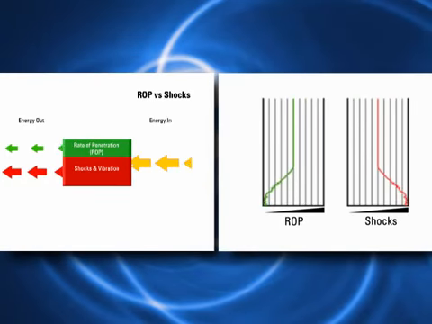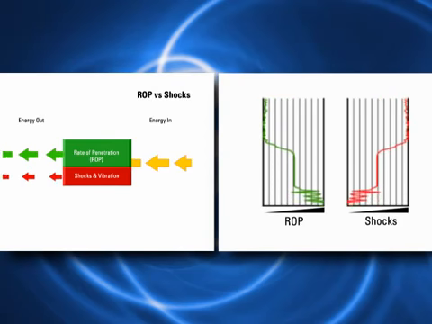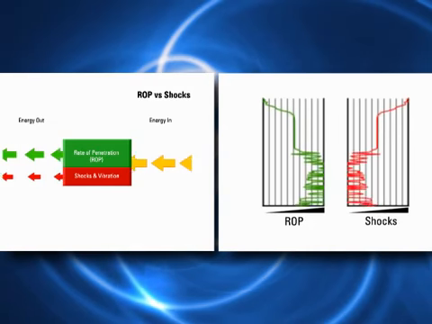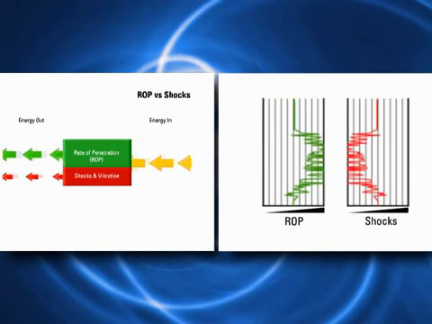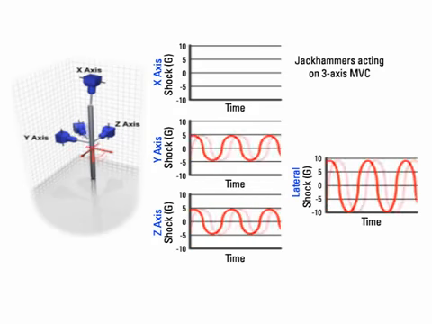So how do we detect potentially harmful shock and vibration? Surface and downhole data in both depth and time formats are used to diagnose downhole conditions. Looking at the drill string and bit after the run will also help to determine the severity and type of shock and vibration. Schlumberger measures lateral shocks in all of their tools.